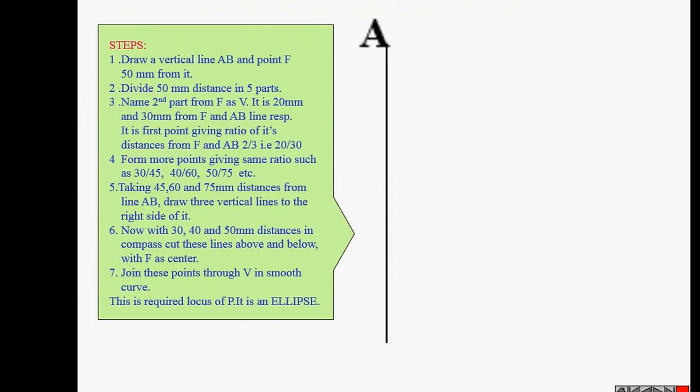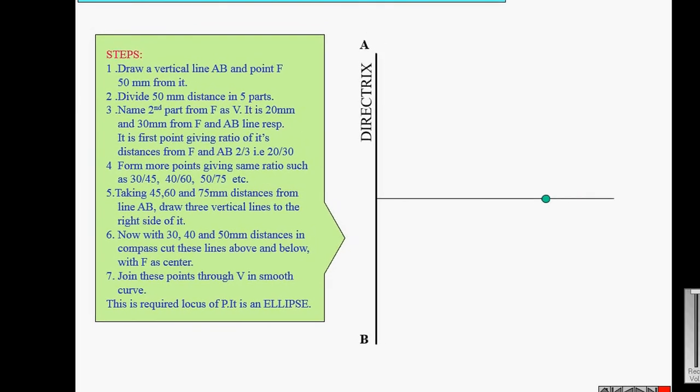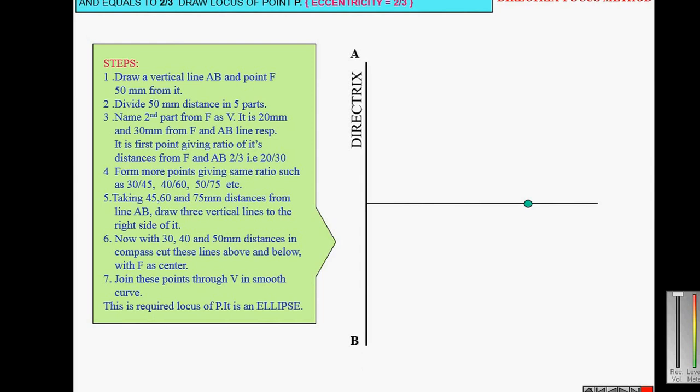So draw a vertical line AB, which is called the directrix. Then draw another line perpendicular to the directrix and mark focus F on it. We know that the distance from the directrix to focus is 50 mm.